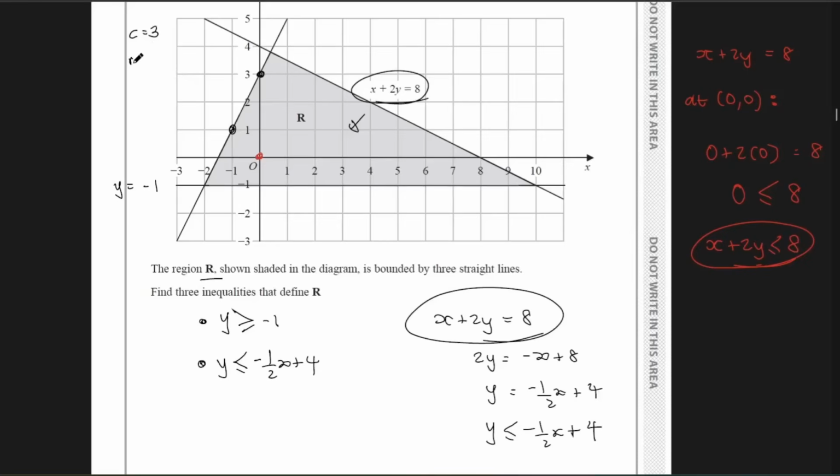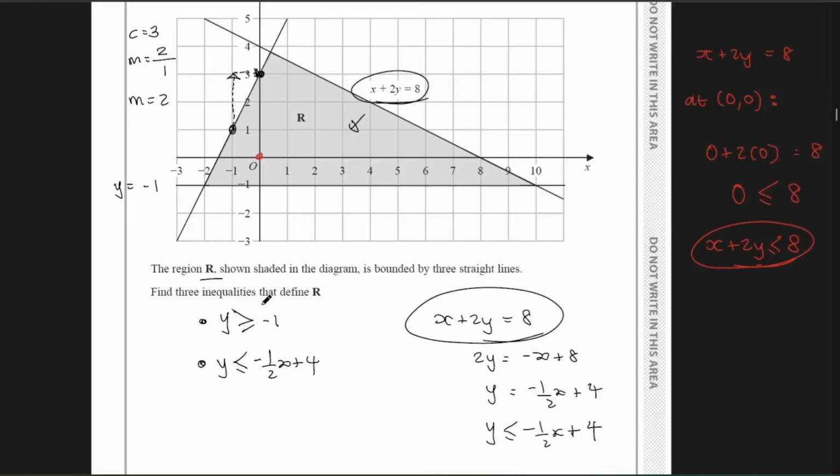What is m? m is equal to rise by run. If I choose these two points, from here, how much does it rise to reach the next point? It rises 2 units. So rise is equal to 2. How much does it need to run to reach the second point? It only needs to run 1 unit. So the gradient is 2. m equals 2.